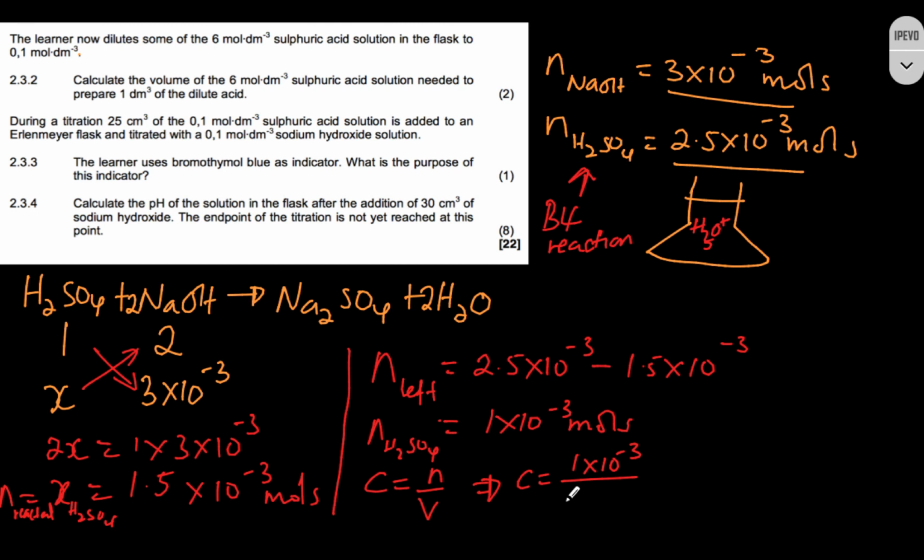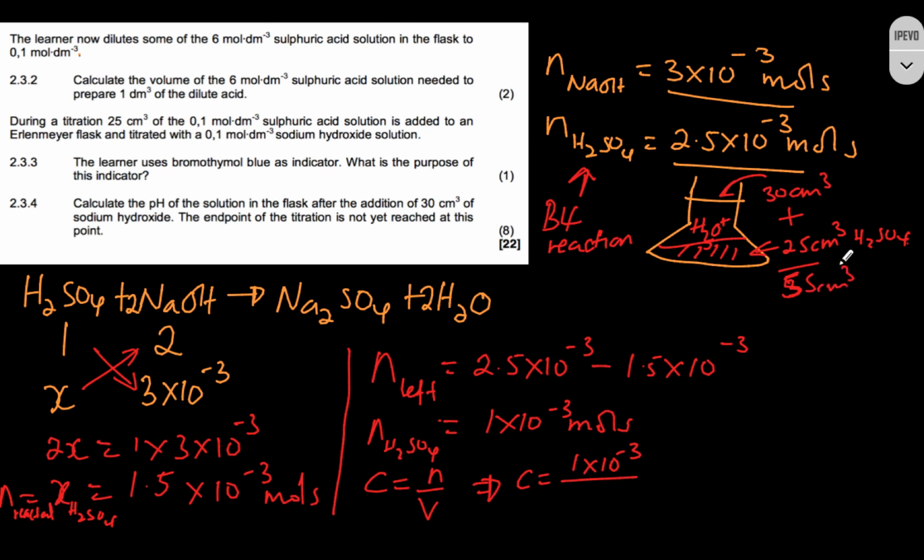Now, I need you to pay attention to this one. Remember, at first there was 25 centimeter cube of H2SO4, and then we added 30 centimeter cube of sodium hydroxide. So the volume of these two, we add them, and they give us 55 centimeter cube.